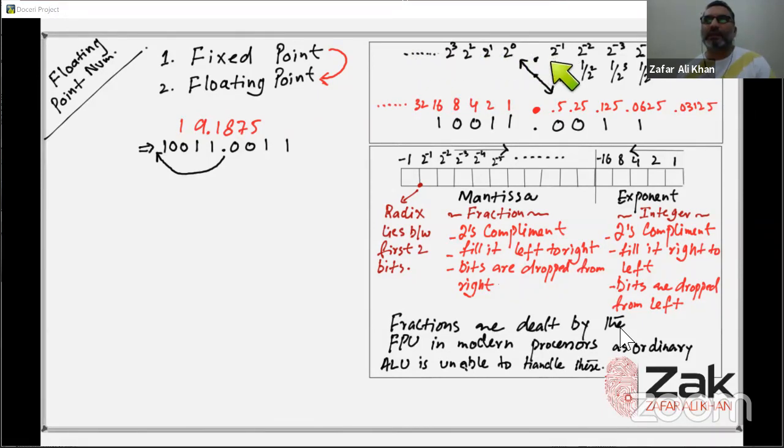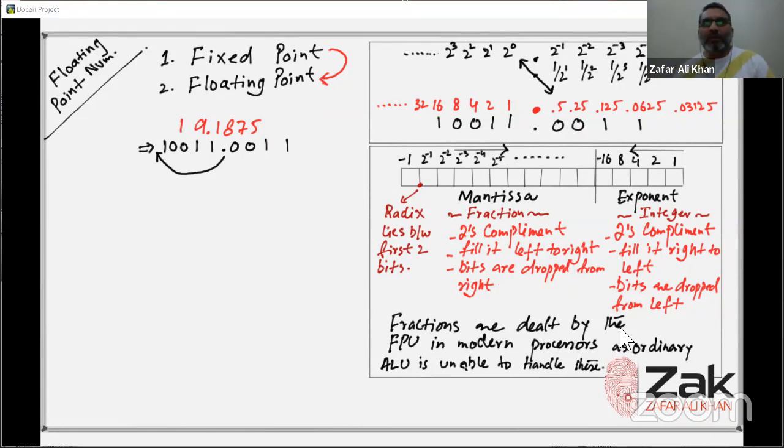And if we go towards the right, it is actually reducing the number by half. So this is 1, 2, 4, 8, 16. This is 0.5, 0.25, 0.125, 0.0625. It goes as much as you want it to be. So 19 has to be 16 plus 2 plus 1, 19, and 0.1875 you will achieve by having the fractions 0.125 and 0.0625 added.